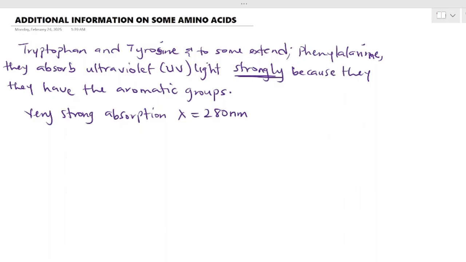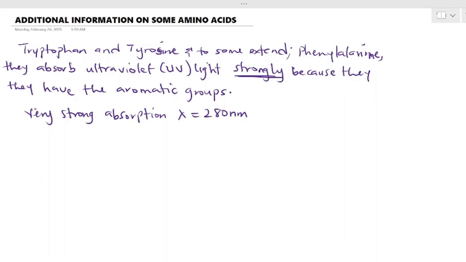Then after that, there's a modification. The modification implies either an addition to or a subtraction from particular amino acid residues. So we want to quickly look at these uncommon amino acids.